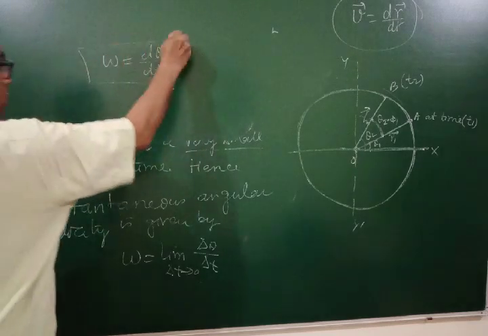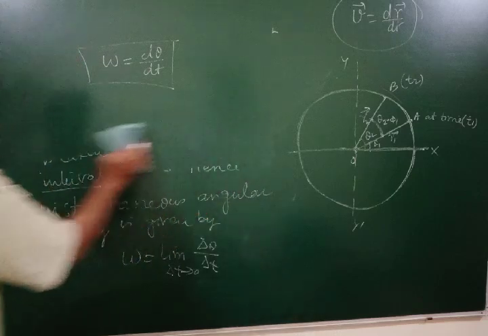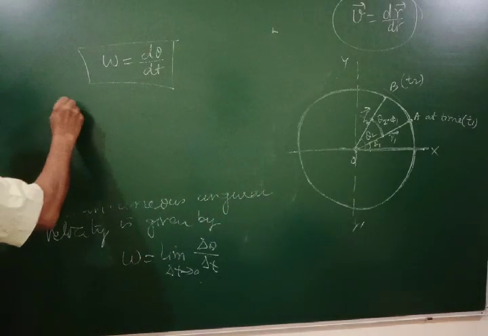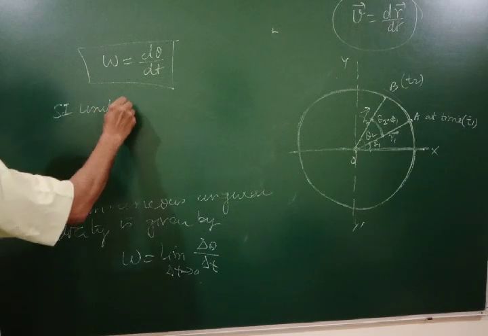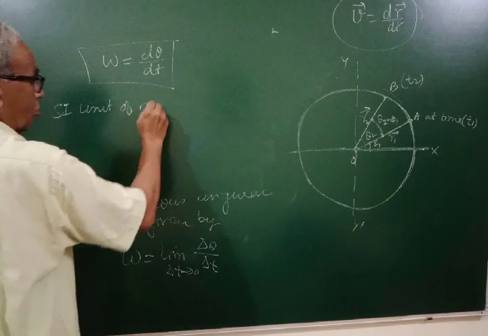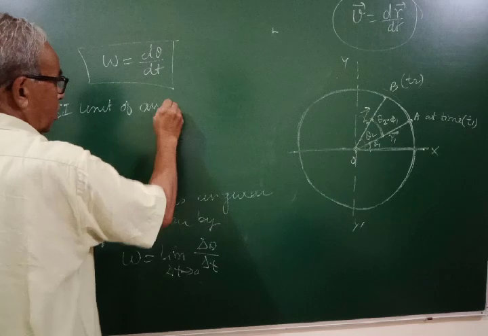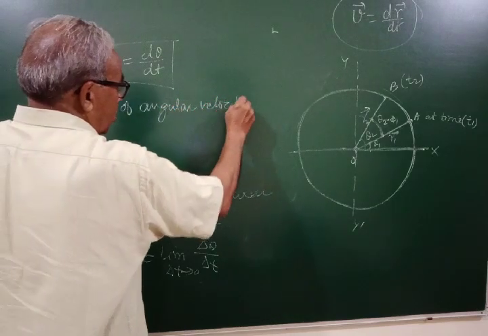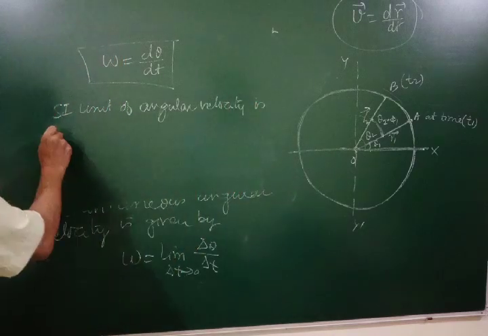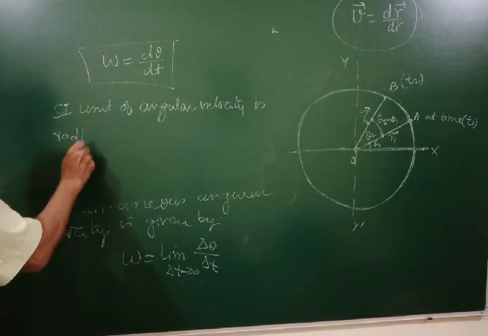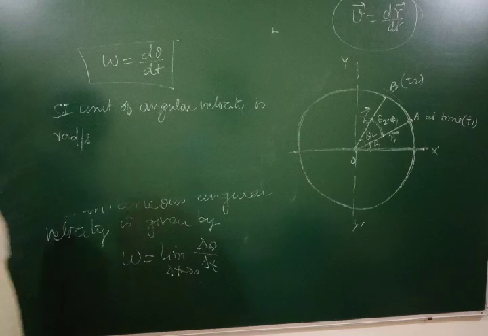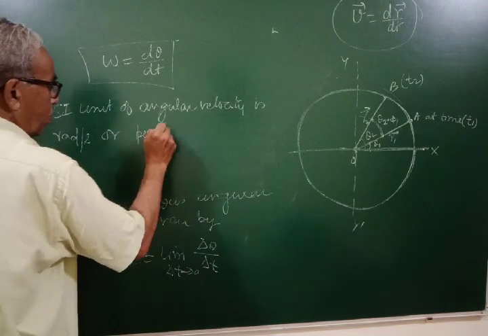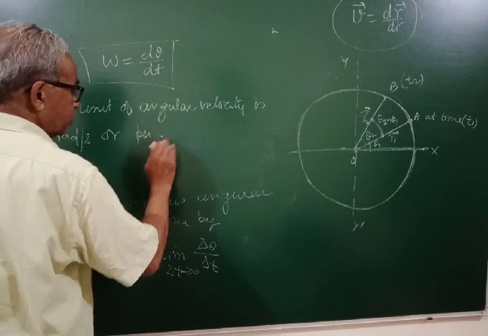Now the SI unit of angular velocity is radian per second, as radian is dimensionless, so it is per second only.